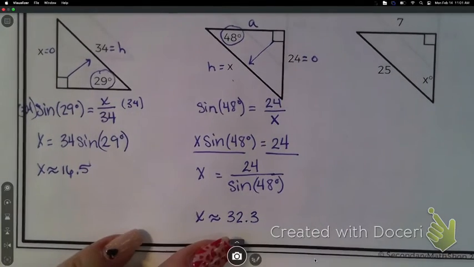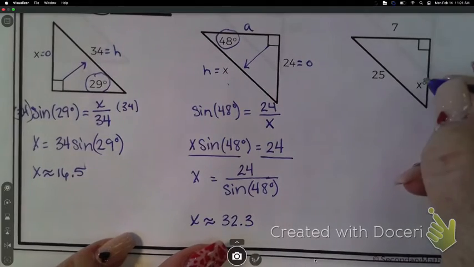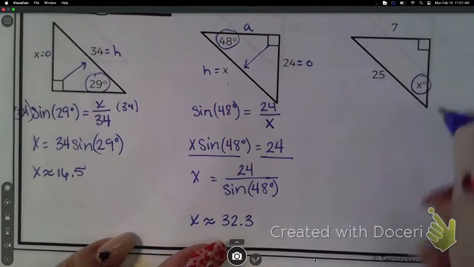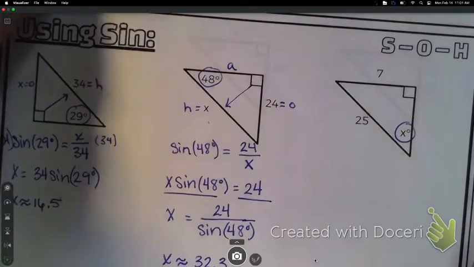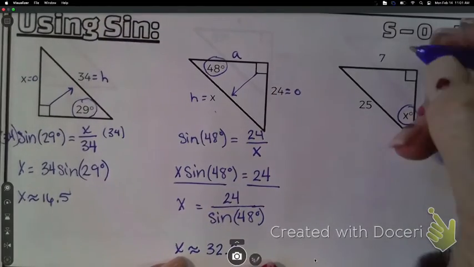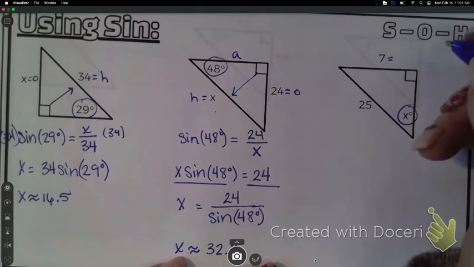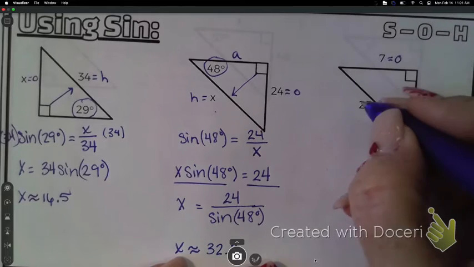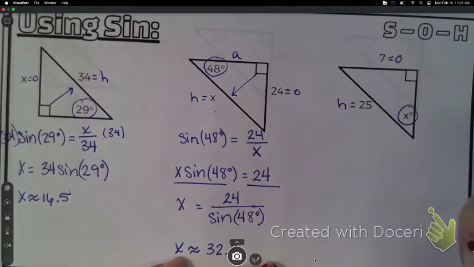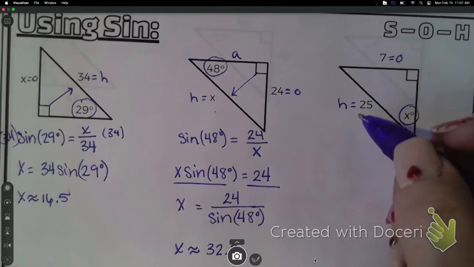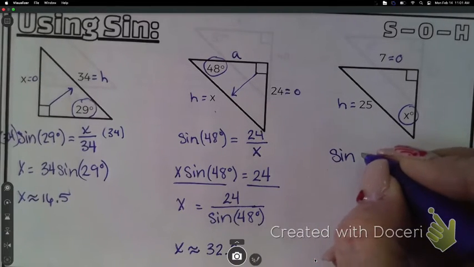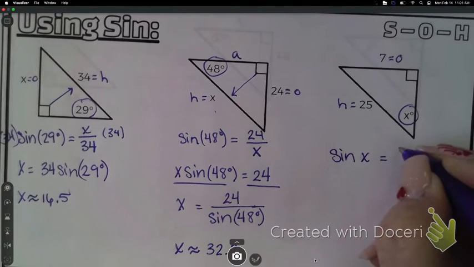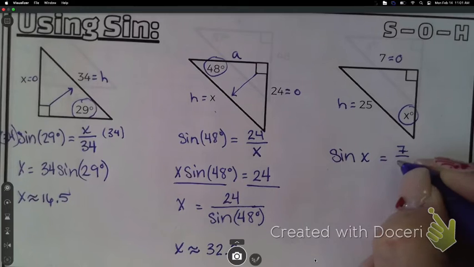Okay, so the next one, I'm looking for not a side, but an interior angle. Okay, so I have an angle. What is 7 to the angle? Opposite. And 25 is the hypotenuse. So opposite and hypotenuse would be sine. So what I have is sine of x equals 7 over 25.